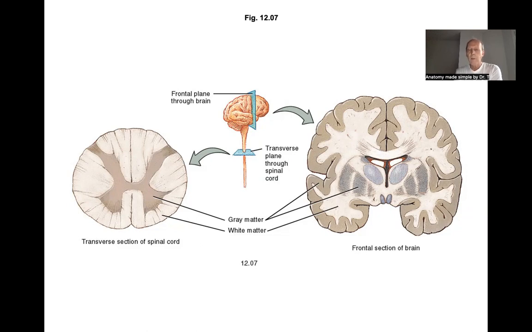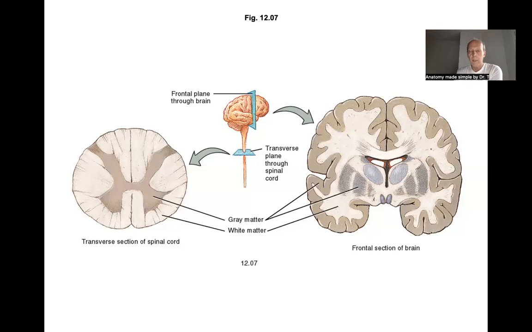So before we go into completely new material, let us just get back on the same track where we left off while we were discussing nervous tissue as part of the human body, one of the four types of tissues that are observed. And this diagram has already been used.